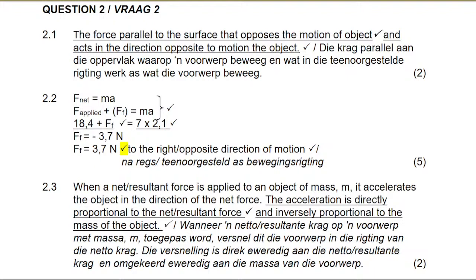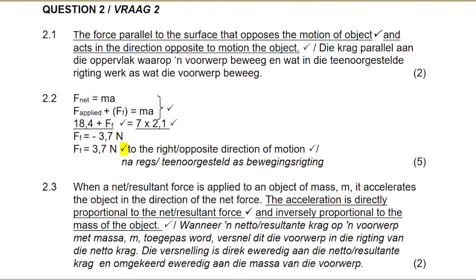So for the equation, the learner will get 1 mark. The substitution on the left-hand side with a frictional force unknown, it will be 1 mark. The substitution on the right, 7 multiplied by 2.1, it will be another 1 mark. So for the final answer here the learner will get 3.7.